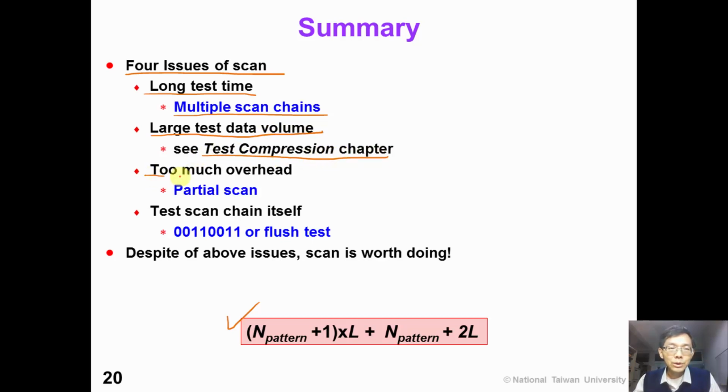The third issue is too much overhead, which can be solved by partial scan. And the last issue is about testing the scan chain itself. The scan chain can be tested by the 0011 sequence or flush test. In summary, despite the above issues, scan is still the most popular DFT technique, and it is definitely worth doing.